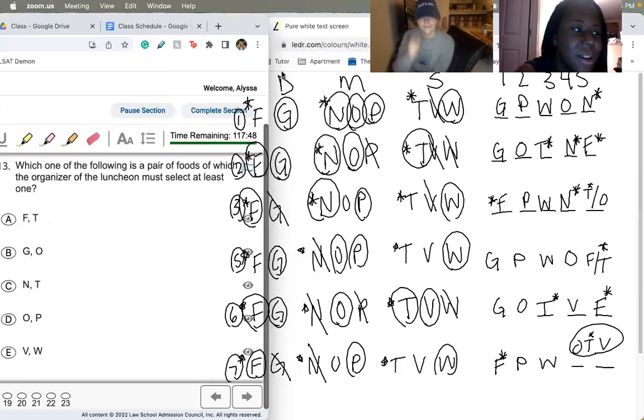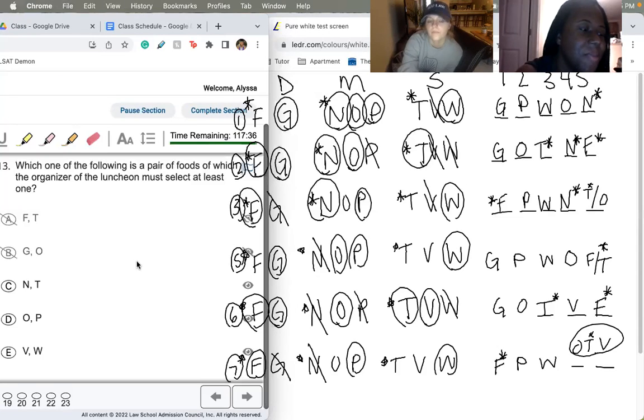Yep. G, O, B can be eliminated because a couple of worlds you can have neither of them. Yep. C, N, and T. At least N is selected. Both of them have to be selected at all times, or at least one of them has to be selected at all times.